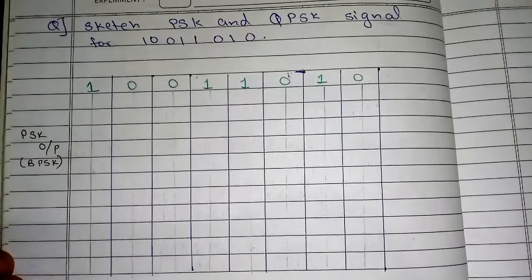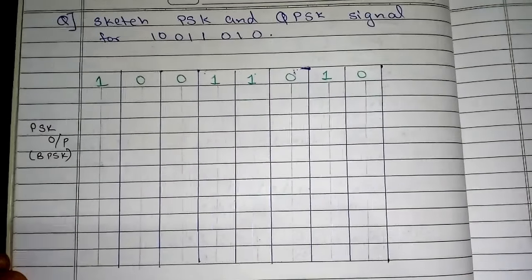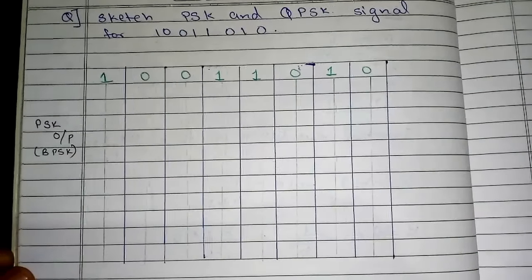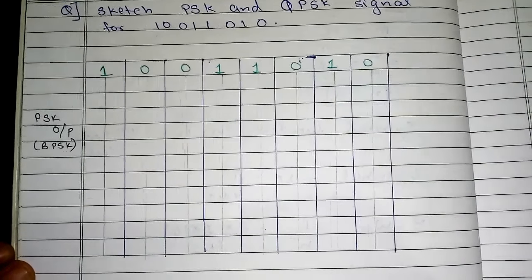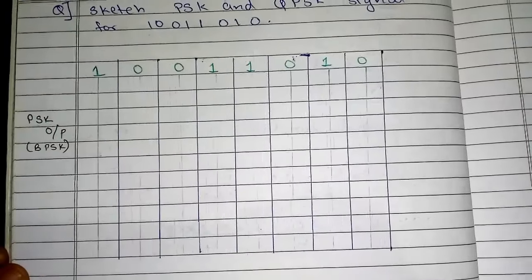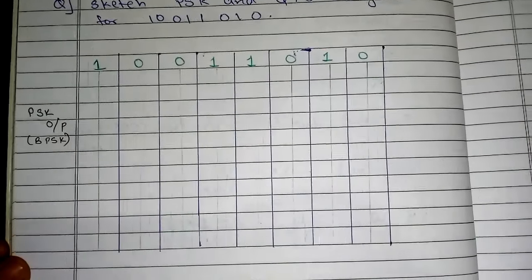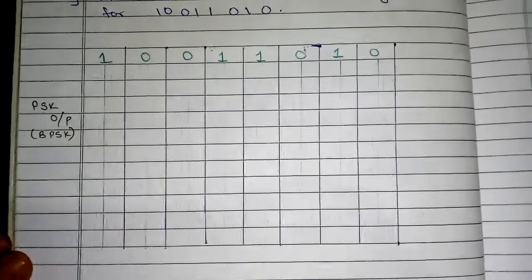So what happens in this? Now this is not a digital output, this is an analog signal, so we will have sine and cosine waves here.